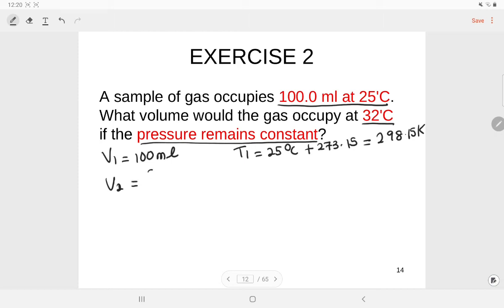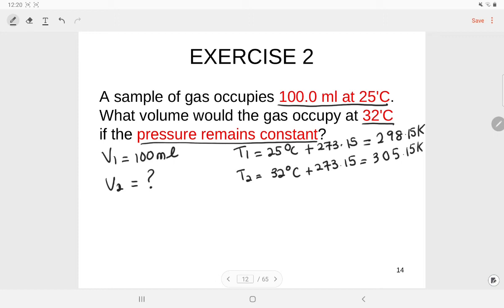Okay, so V2 is what the question is looking for, and your T2 is 32 degrees Celsius. So convert it to Kelvin again, we add 273.15. You will get your T2 in Kelvin, which is equivalent to 305.15 K. Okay.